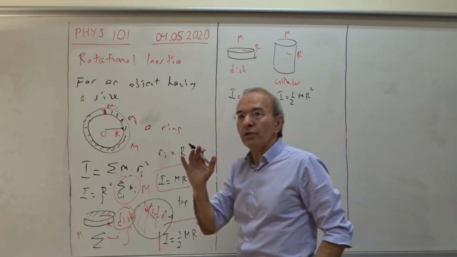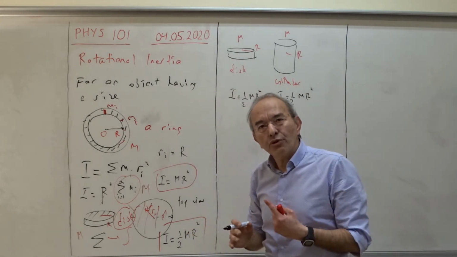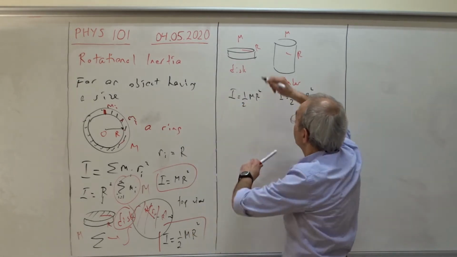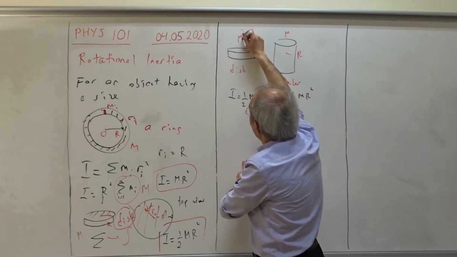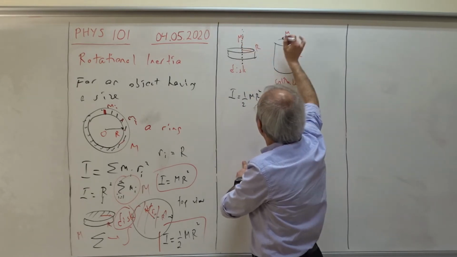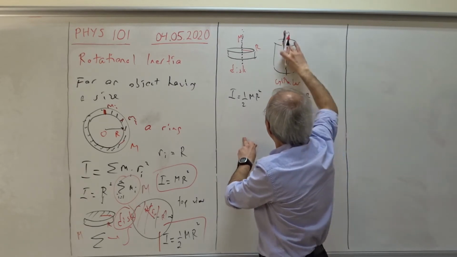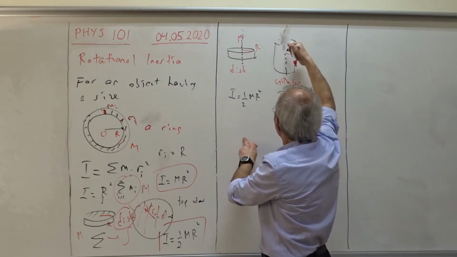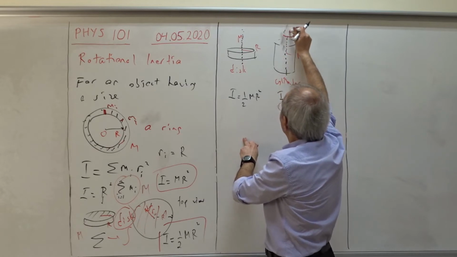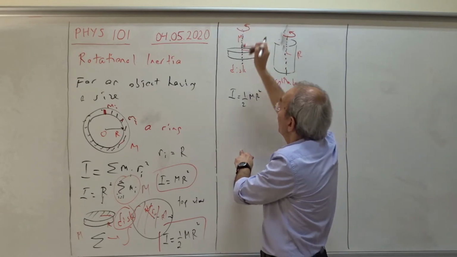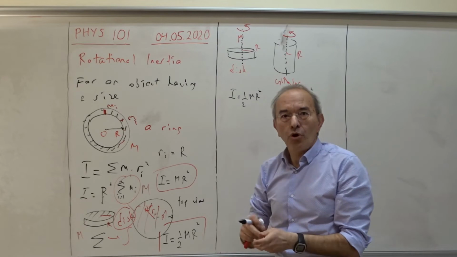But be careful about the axis of rotation. We talk about the axis of the object. Objects are turned around the axes of the objects.